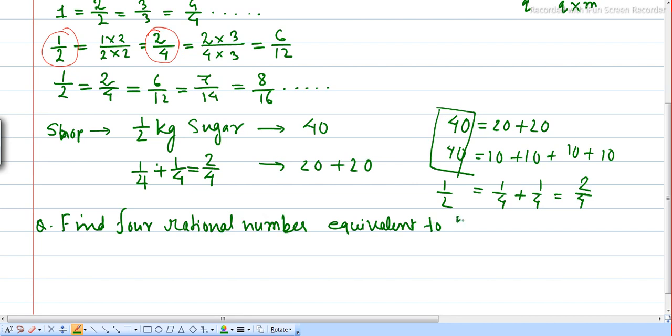So we have to find 4 equivalent rational numbers of 5/8. Okay, so how will we find them? So you see the solution first.